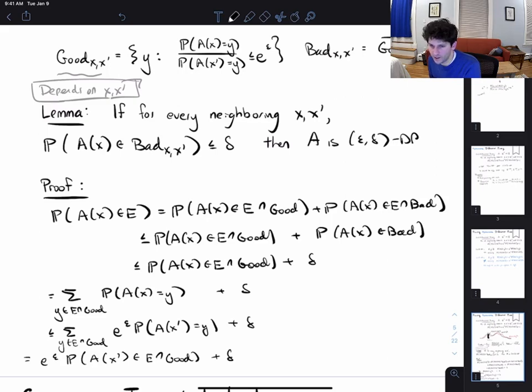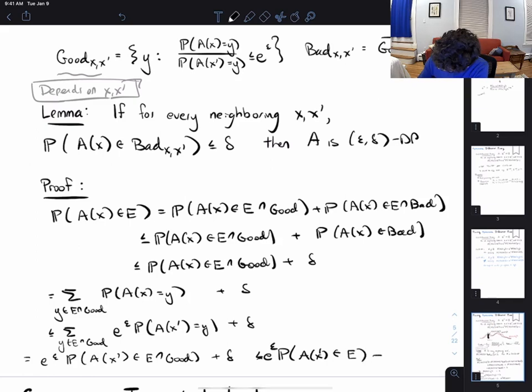So we're almost there. What we'd like to get is E, not E intersect good, but intersecting with good can only lower the probability. So this thing is at most e to the epsilon times the probability A of X prime is in E, plus delta, which is exactly the thing we wanted.